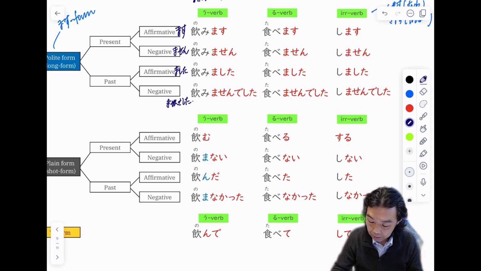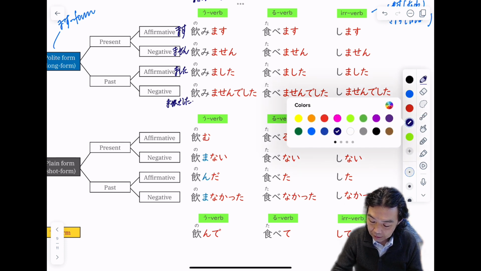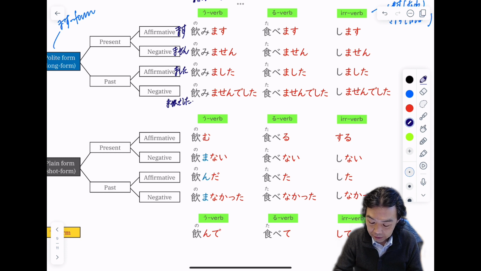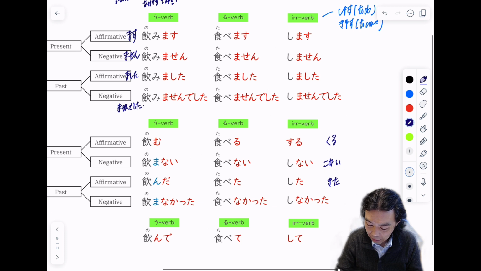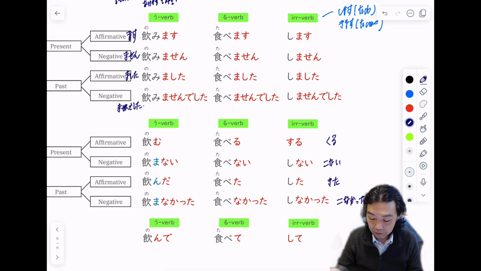For 来ます, present affirmative is 来る. 来ない, 来た, and 来なかった. Right? So you just have to know these things. する and 来る, to do and to come, you just have to memorize.